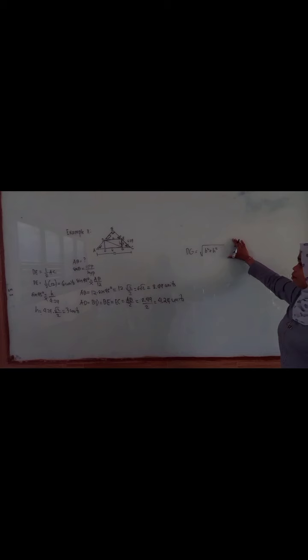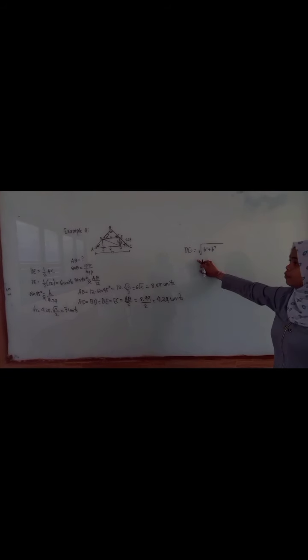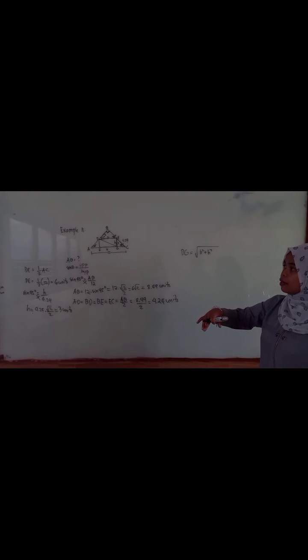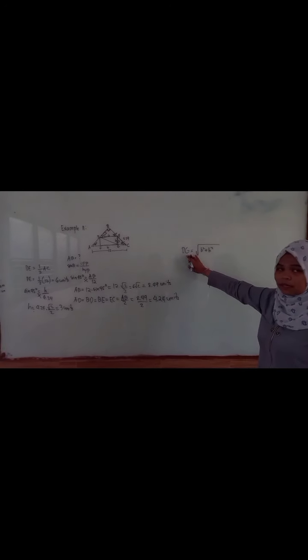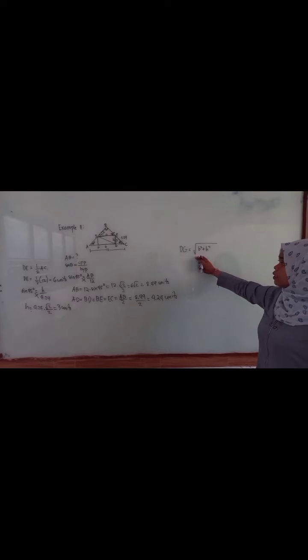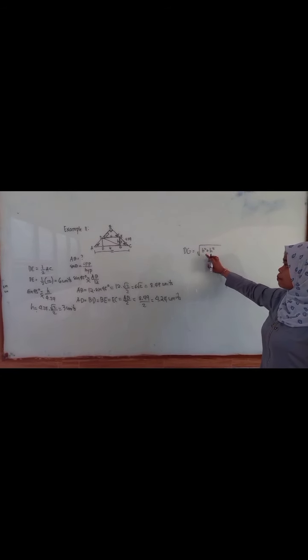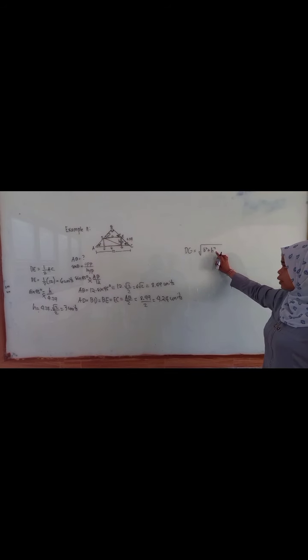To get the diagonal DG, since in our module it is written as EG, which is supposedly DG, the formula for the length of a diagonal is the square root of b squared plus h squared.